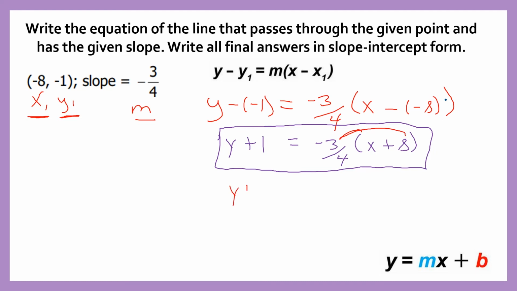So I bring down that y plus 1 is equal to, and I distribute that -3/4, so -3/4 times x is just -3/4 x, and then -3/4 times 8: -3 times 8 is -24, and it's like this 8 has a 1 underneath, so 4 times 1 is 4, and I can reduce -24 over 4.